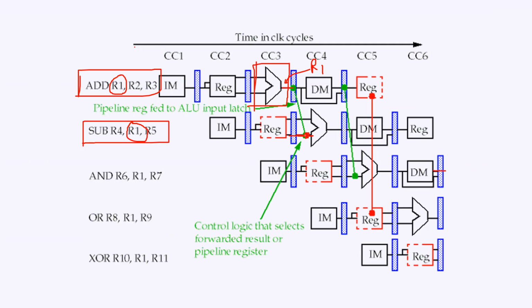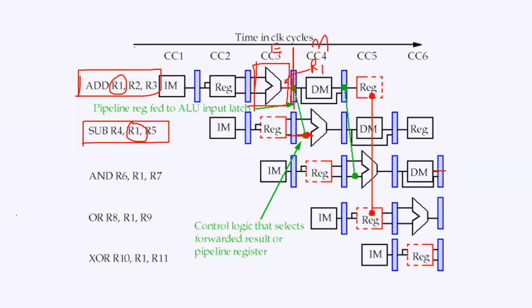So what we are going to do is give it directly from the execution memory access register to the input latch. So we make it available directly without writing back to the register. We are giving from one instruction to another instruction directly. We make it available when needed.